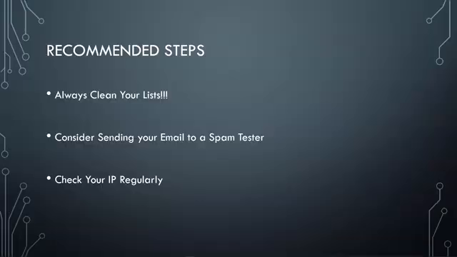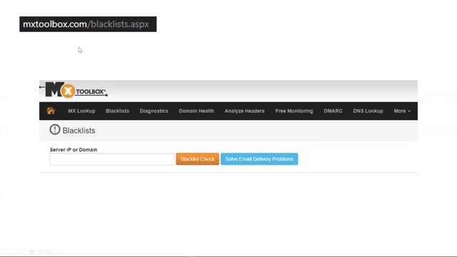And then the third piece that I mentioned for recommended steps is checking your IP regularly. There's a service out there. It's free to use. You go to mxtoolbox.com, and if you have a URL, then you can put that into the MX lookup area and find out what the IP address is.